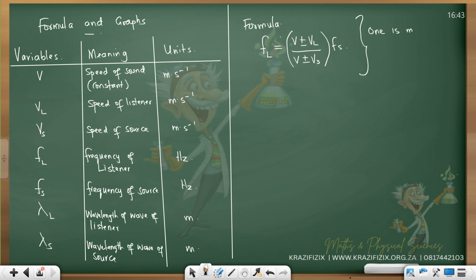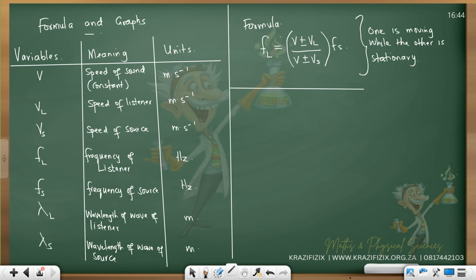One is moving while the other is stationary. When we get to varsity, we are going to deal with both of them moving. For now, we want to keep one moving and one stationary. And when one is stationary, what's the velocity? 0. So that's very important.